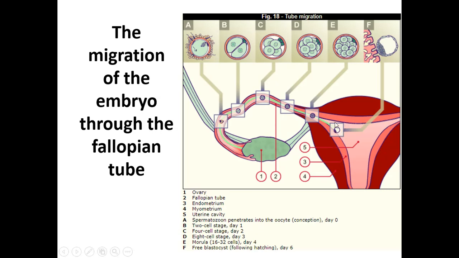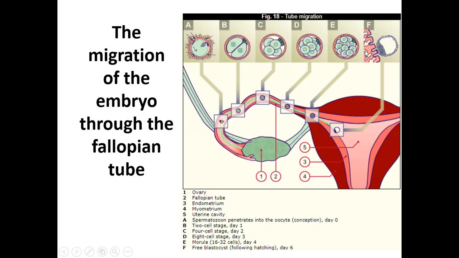So now, hatching happens again here on the level of the blastocyst. Just to remind you: zygote, 2-cell stage, 4-cell stage, 8-cell stage, 16-cell stage, also named a morula.